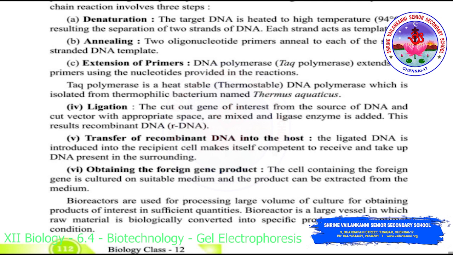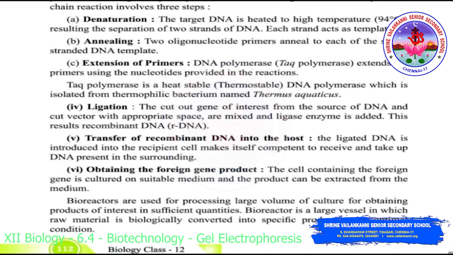The last step is obtaining the foreign gene product. The gene of interest that we inserted, we are going to gain the product from that. The cell containing the foreign gene is cultured on suitable medium and the product can be extracted from the medium. Bioreactors are used for processing large volumes of culture for obtaining the product of interest in sufficient quantities.